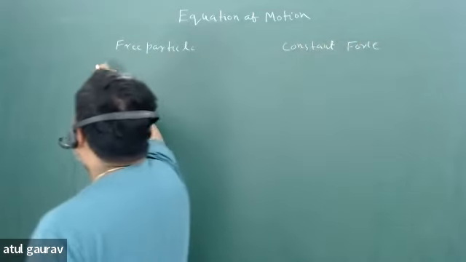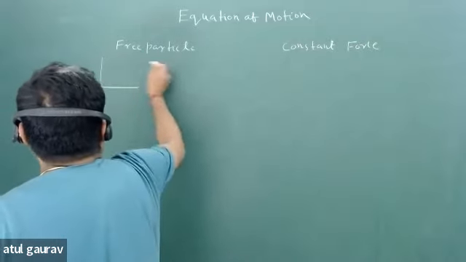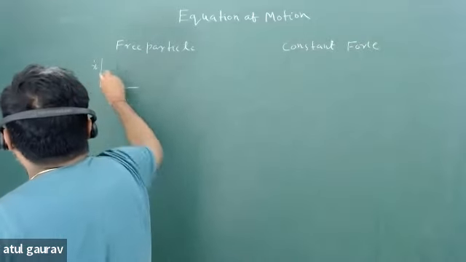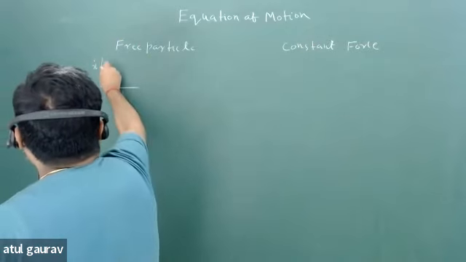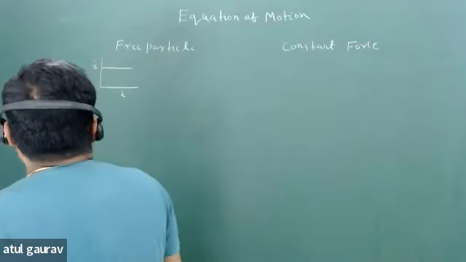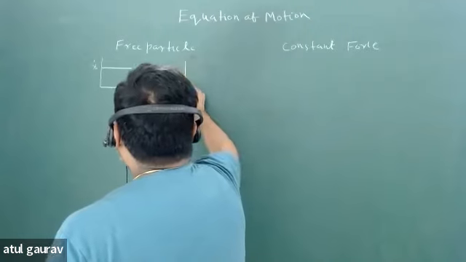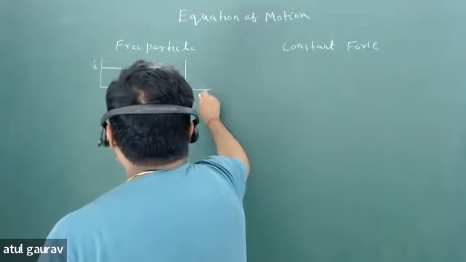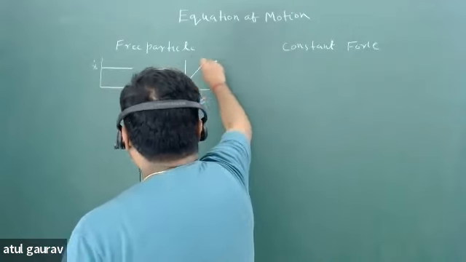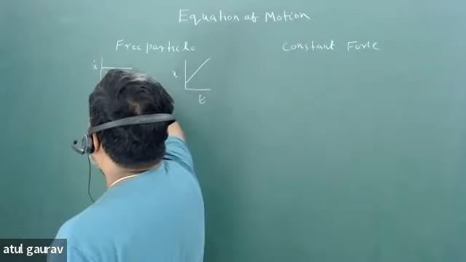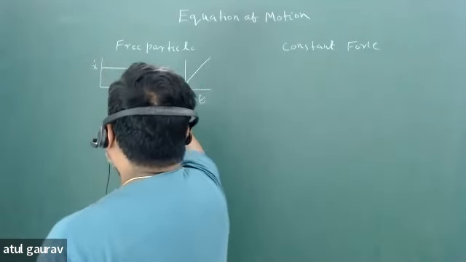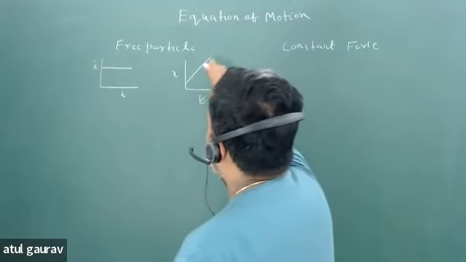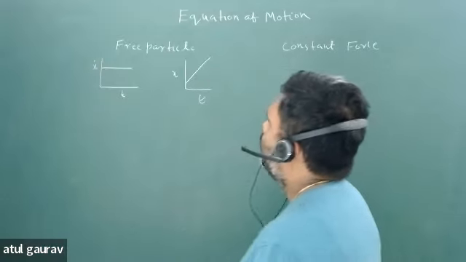And when we plotted the free particle, x dot versus t will be just a straight line. And when we plot x versus t, that will again be a straight line, but here x dot is constant. For every time, your velocity or speed is constant, but position is changing with time.